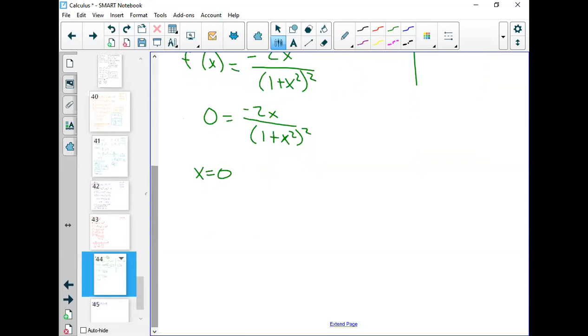Sometimes you have something in your denominator that would mean the denominator could equal 0. So for example, if we had -2x over 1 plus x, then x cannot be -1. But because x is squared, that whole term will never equal -1, which means this whole thing will never equal 0. So we're good. We don't have to worry about it.